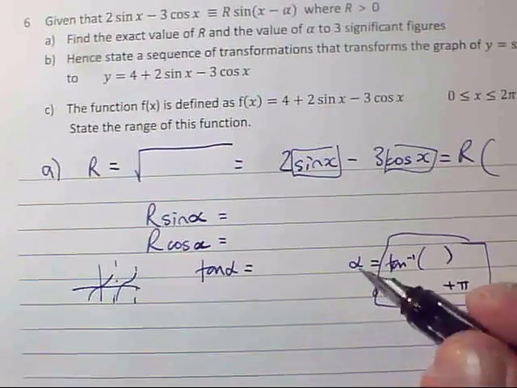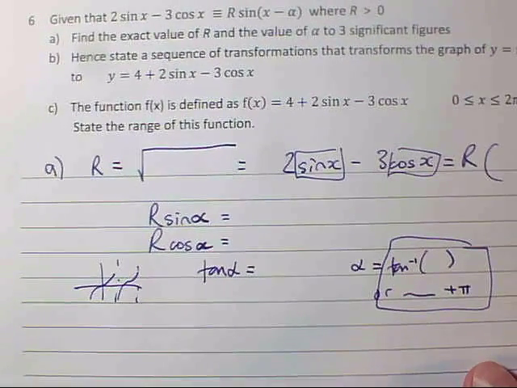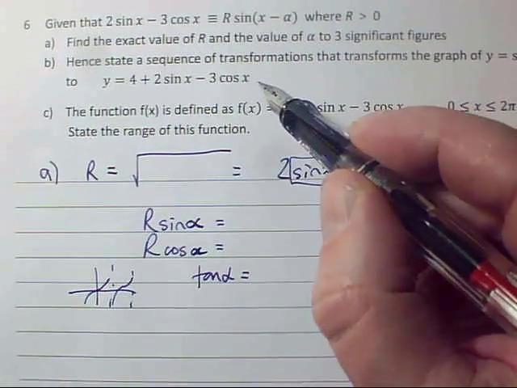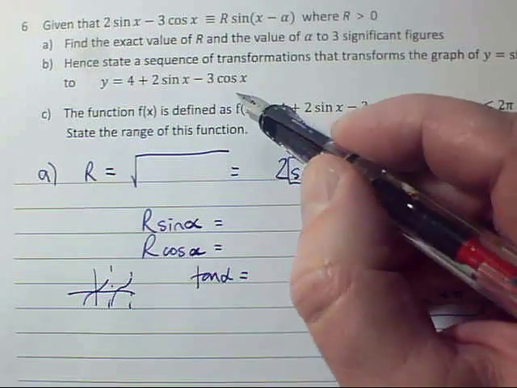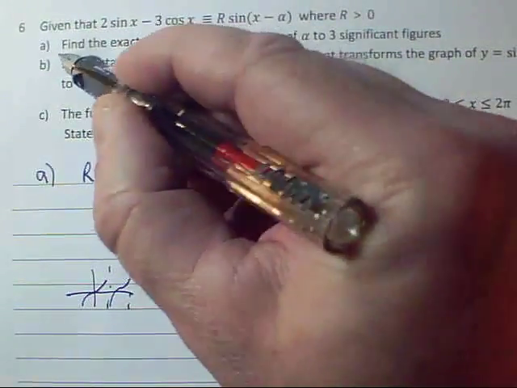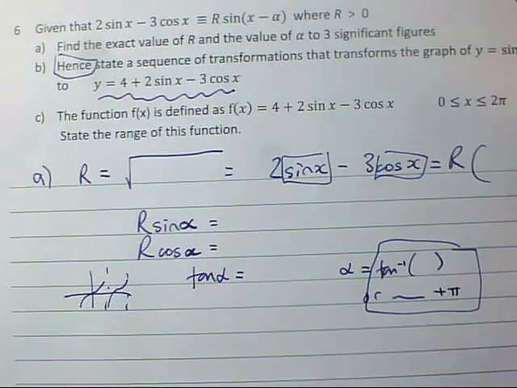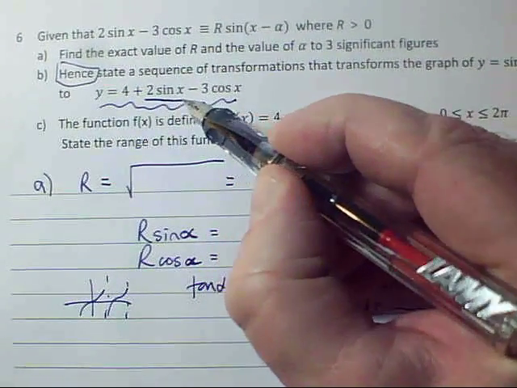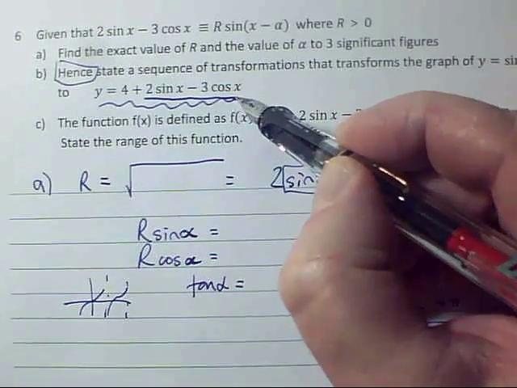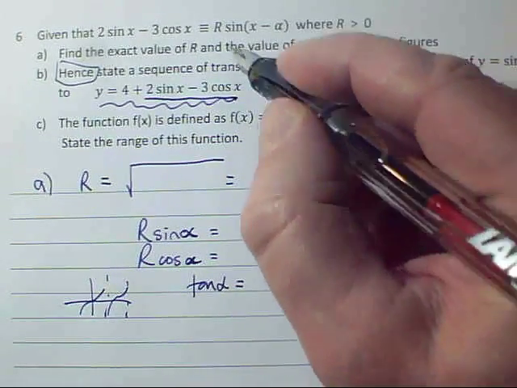All right. So assuming you've got an R and an alpha, and that should be absolutely routine, we've now got to do transformations, and we've got to do the range of a function. Now the transformations, this is a hence, which means this looks like our starting point, but we've got to use what we've just done. We've already shown that 2 sine x minus 3 cos x equals this thing here.